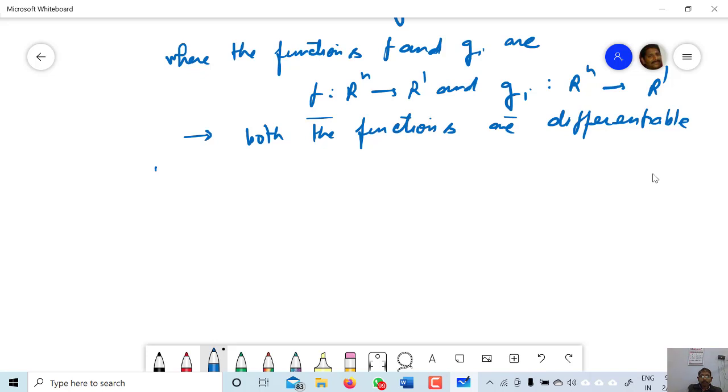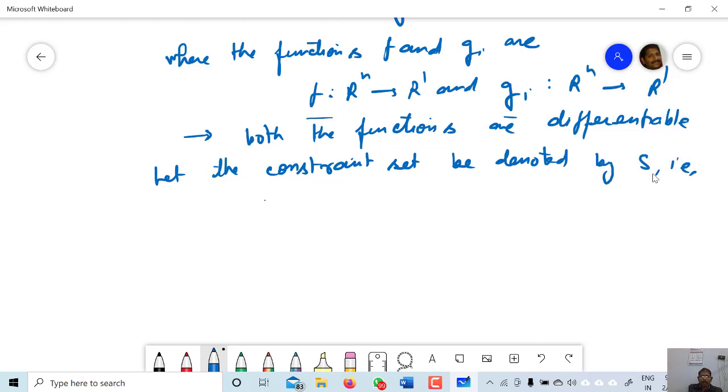So let the constraint set be denoted by S, that is S equal to, this is S not delta, so S equal to x such that g_i of x is less than or equal to 0 for all i equal to 1 to m.